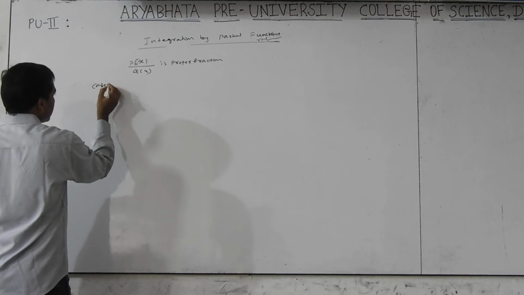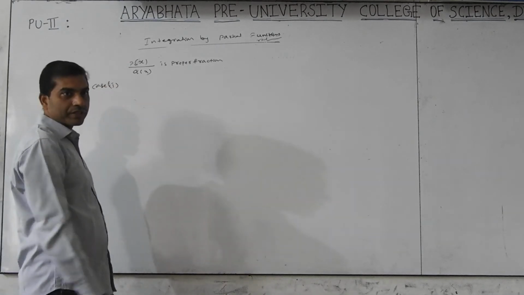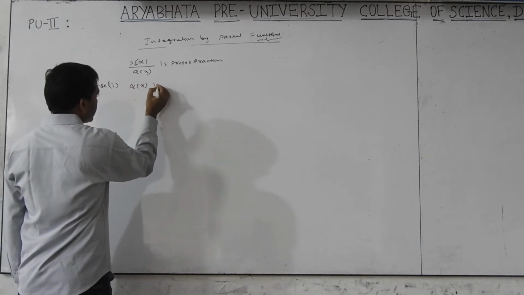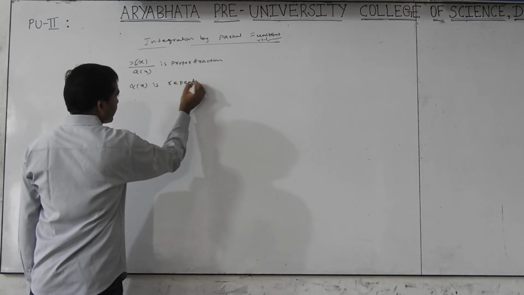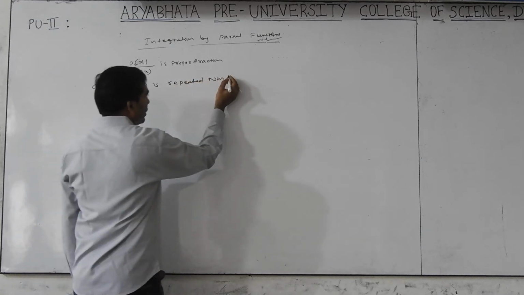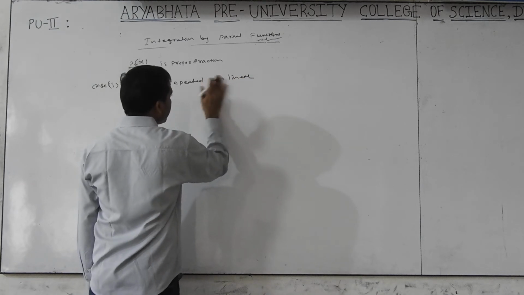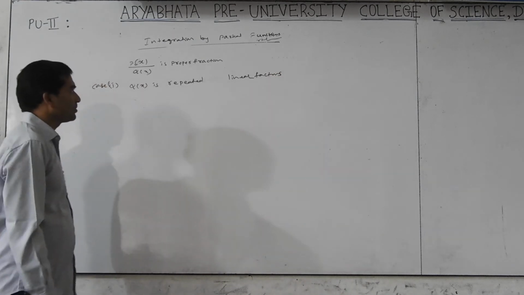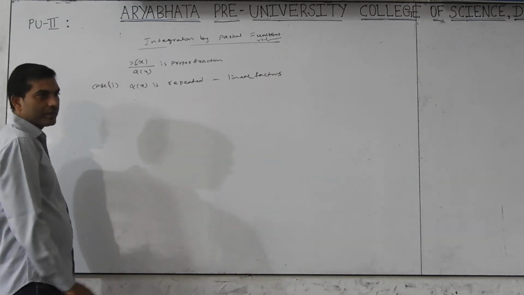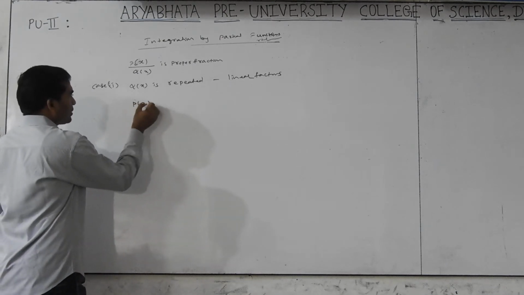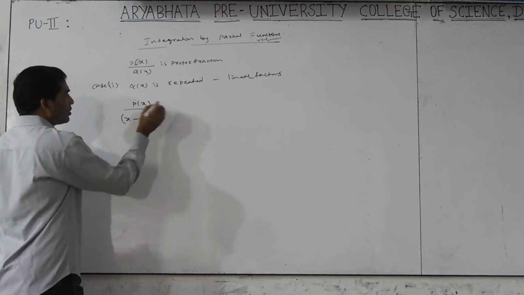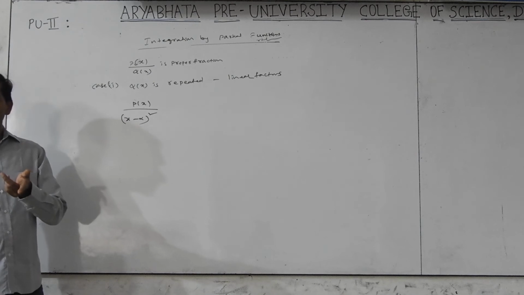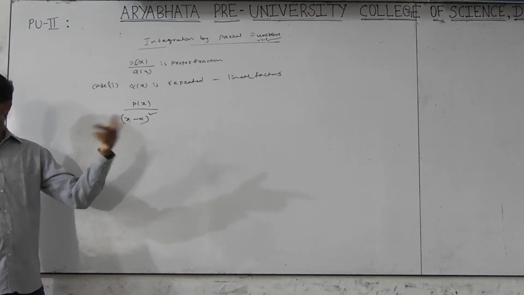Case 2. The first case we have discussed: Q(x), the denominator, is a non-repeated linear factor. Now Q(x) is a repeated linear factor. See the example, P(x)/(x - α)². The factor x - α is linear but repeated 2 times, (x - α)².